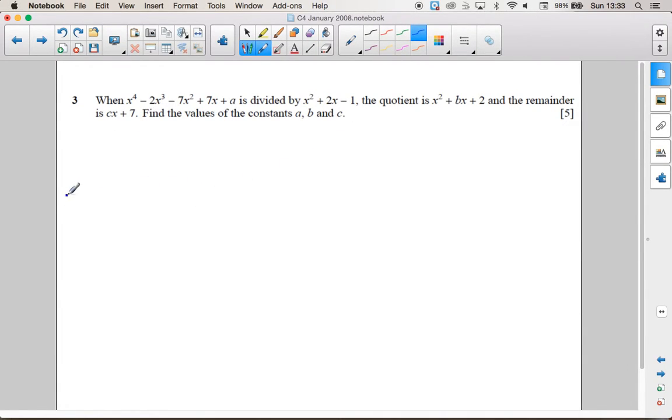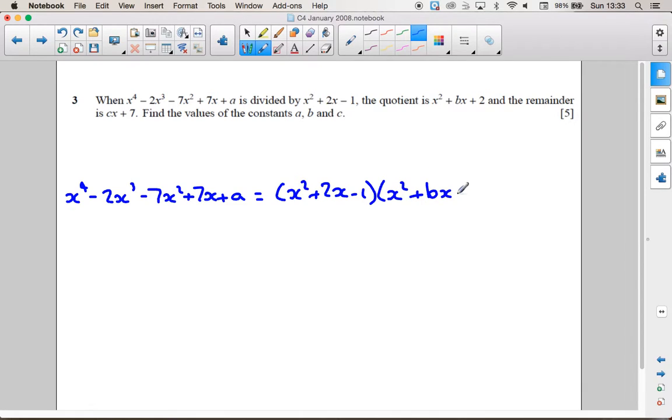In other words, we know that x to the 4 take away 2x cubed minus 7x squared plus 7x plus a can be written as the divisor times the quotient, so x squared plus 2x take 1 times by x squared plus bx plus 2, plus the remainder, this cx plus 7.